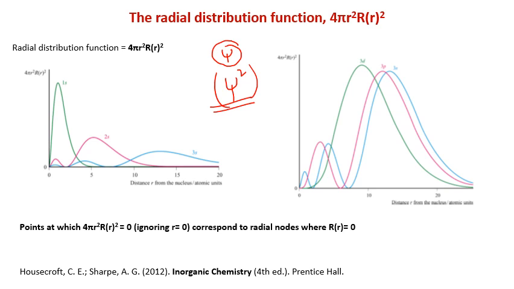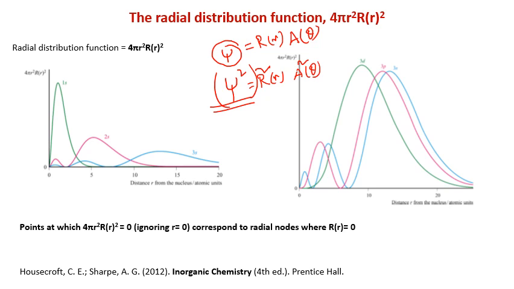Psi square may be described in terms of radial and angular components. You know that psi comprises two parts, the radial part and the angular part. Therefore psi square will be R square times the angular part squared.